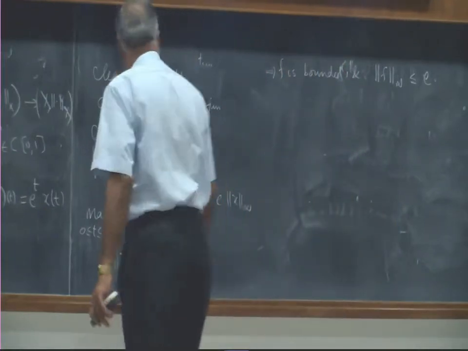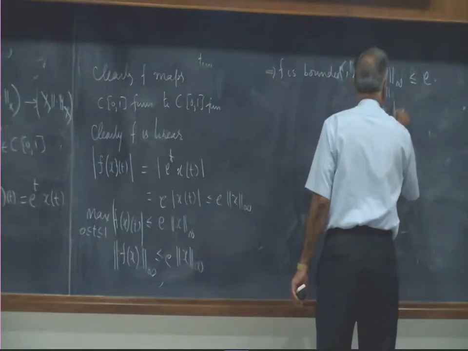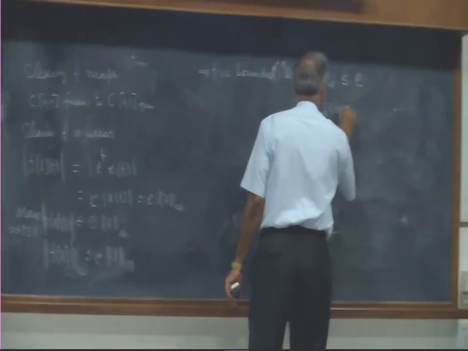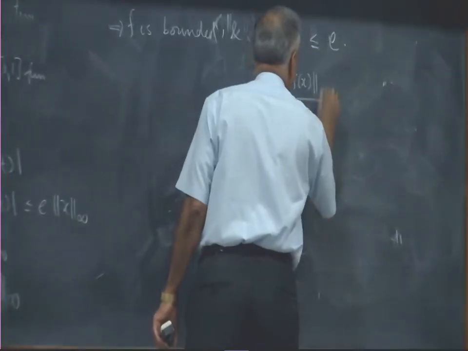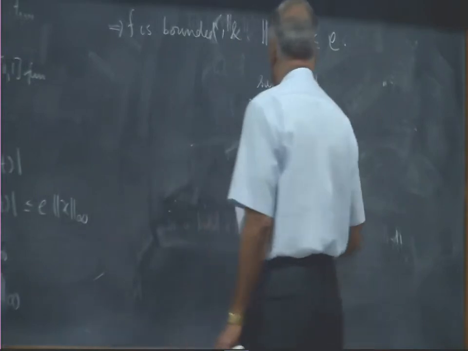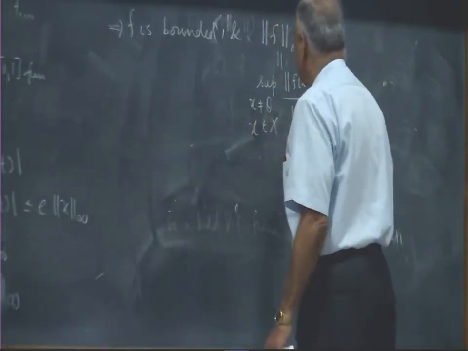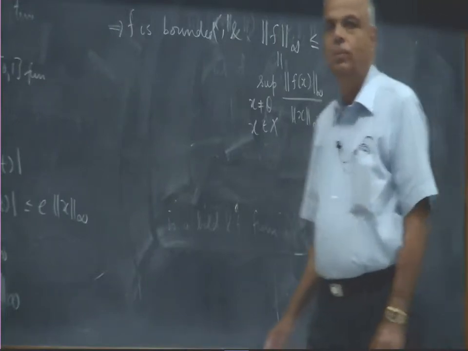What is the norm of the mapping? It is equal to the supremum of the norm of f of x divided by the norm of x, x not equal to the zero function, and because both are the same space, it is the norm of x in X. So that is less than or equal to e.